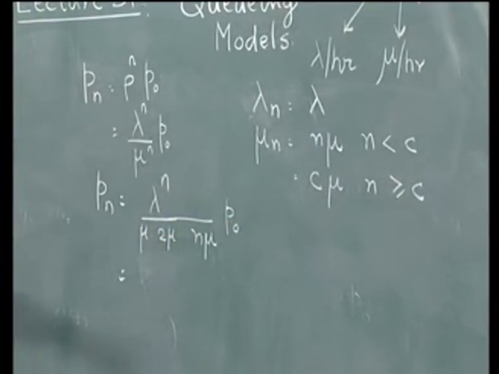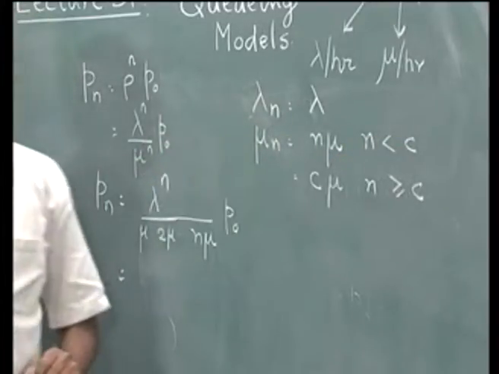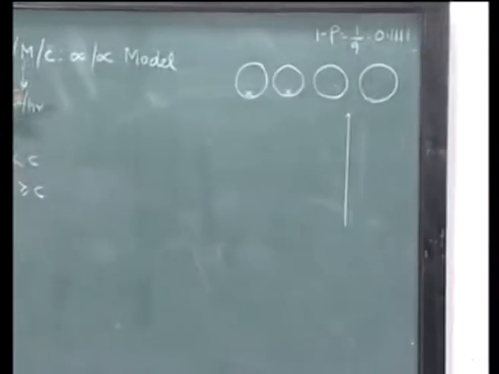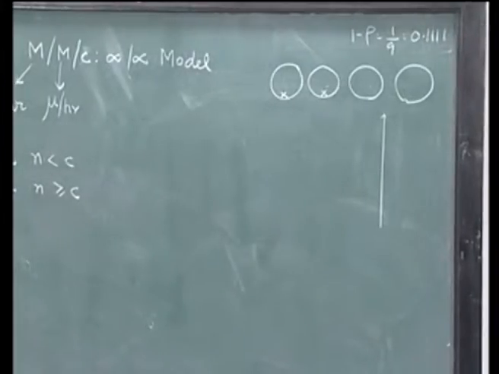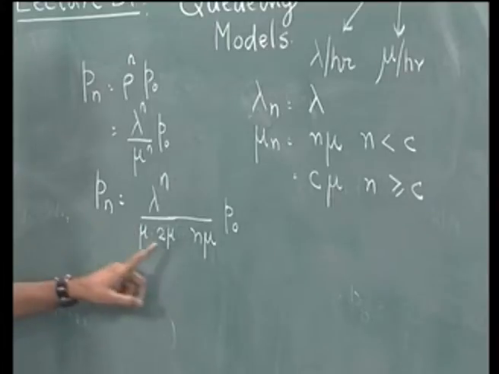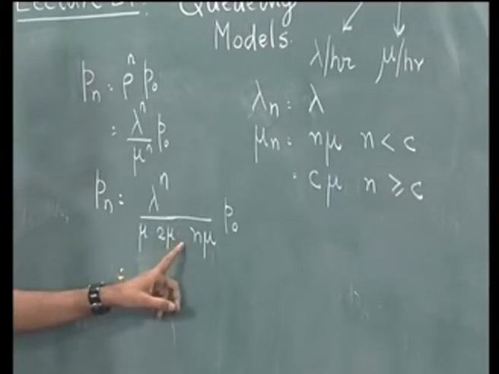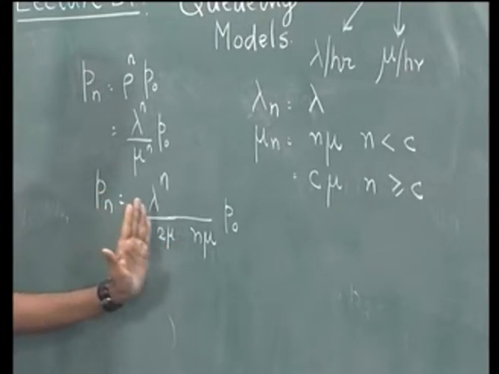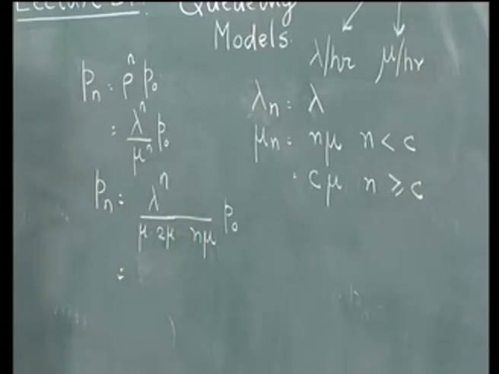Now, this comes because n is less than c. If you look at a case where c equal to 4 and say n equal to 3, then when I have one person in the system, I will have mu, 2 people is 2 mu, 3 people is 3 mu. So, you will have mu, 2 mu, up to n mu, into P naught.